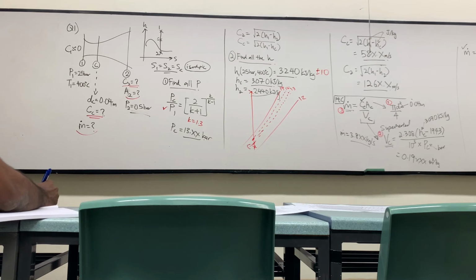Small or big? See, the V is per kg. Where do you get VC? VC is M3 per kg. Specific volume.